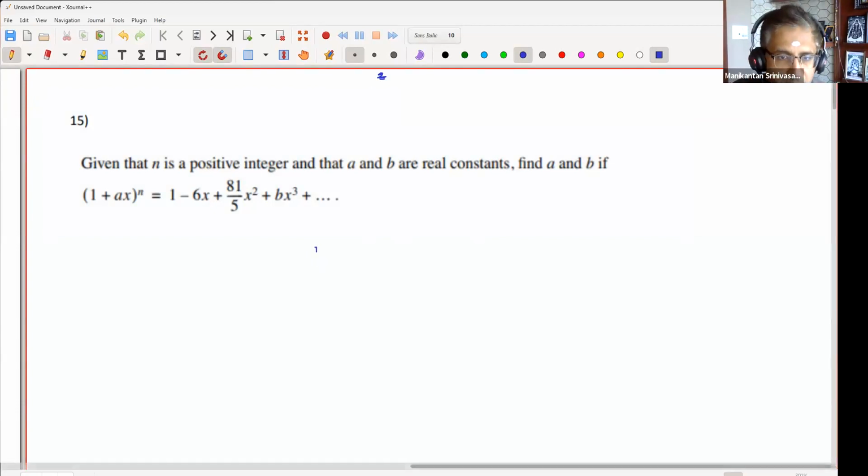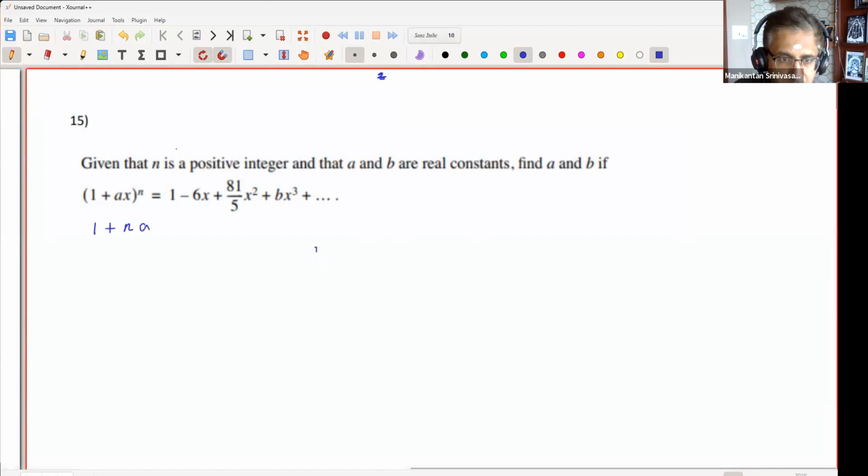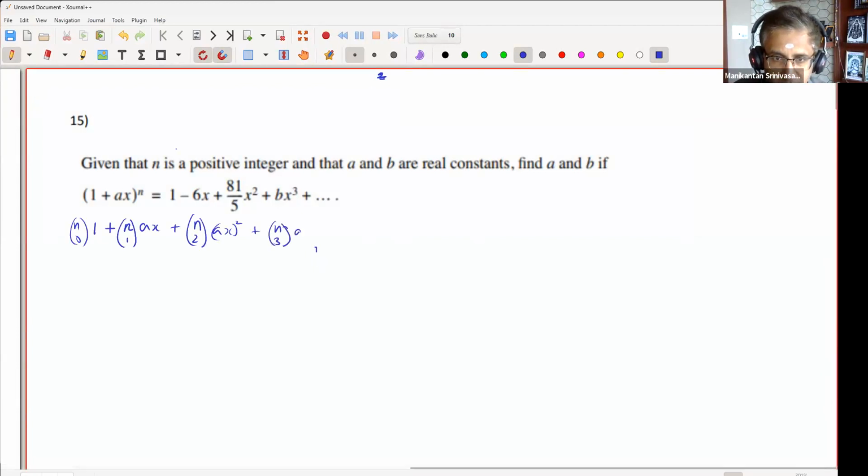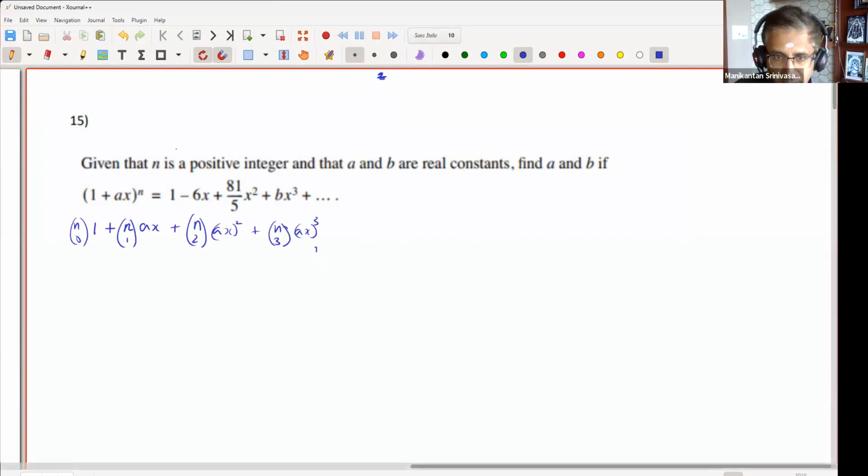So binomial expansion, the expansion would be 1 plus n times ax plus n choose 2 times (ax) squared. This is n choose 1, and this is n choose 0 technically, times 1. Let's do one more. n choose 3 times (ax) cubed and so on, right?